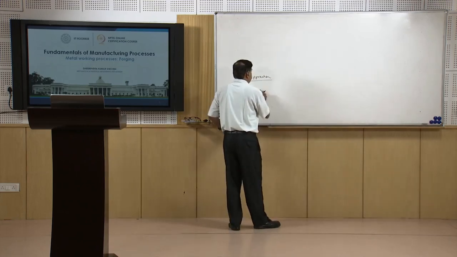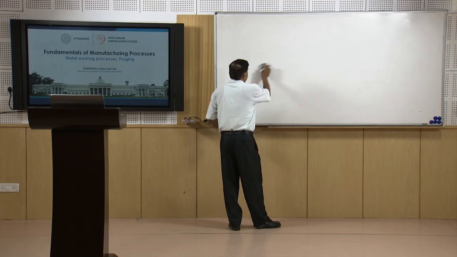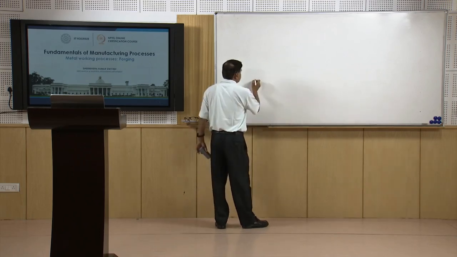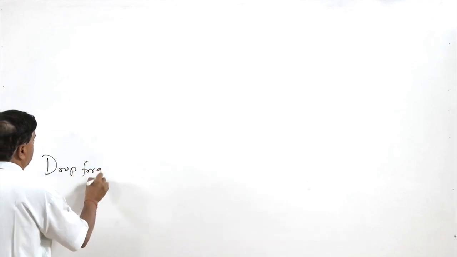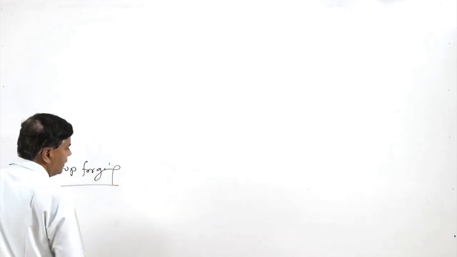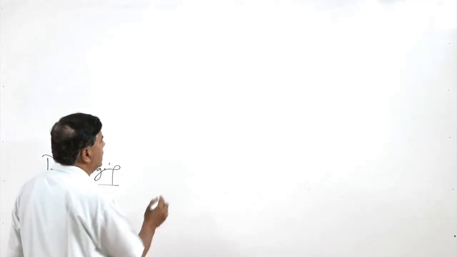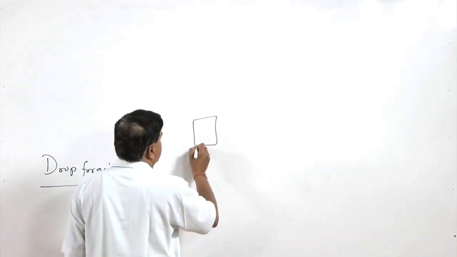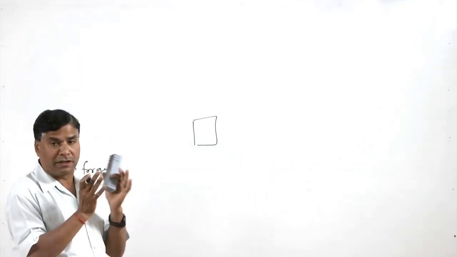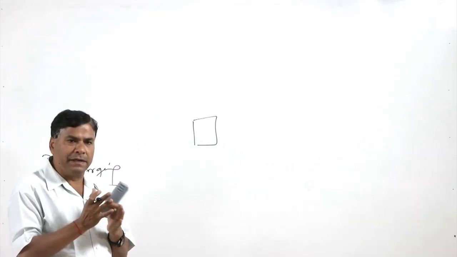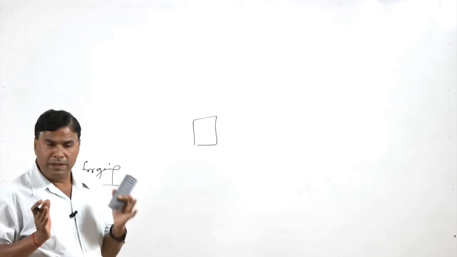The another process for forging process is the drop forging process. In Smith forging process, basically the flat surfaces are used, so the flow of the metal is not confined in a particular place, but it is open for the flow sidewise.